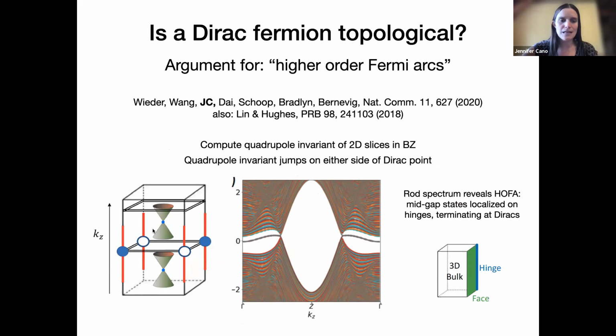Here we're saying you can take the higher order TI or quadrupole index of a 2D plane, and that index is going to jump as you cross the Dirac point. So I think this is a very satisfying analogy. And in addition to that connection, it's also satisfying because it gives us this bulk hinge correspondence, which I would say firmly means that Dirac fermions do have a topological attribute to them.